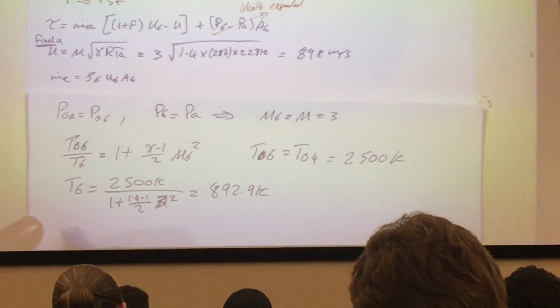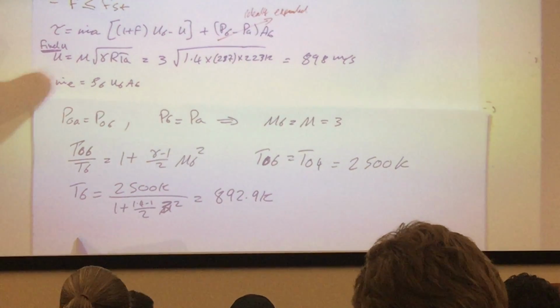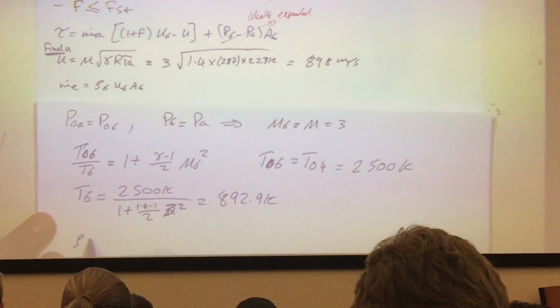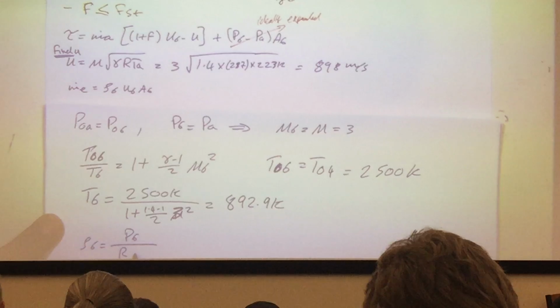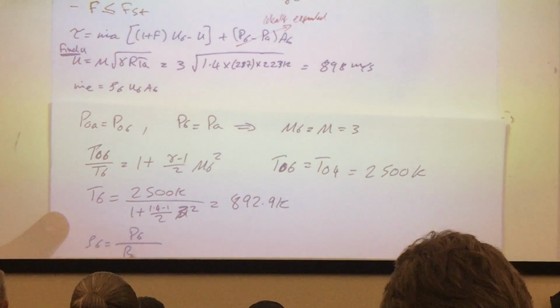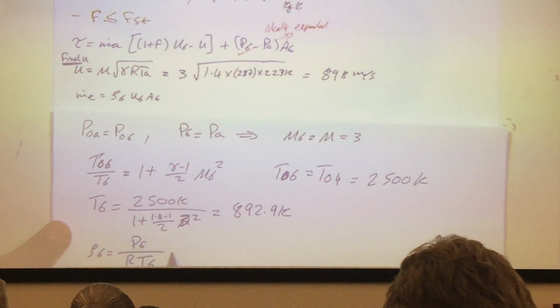I could use this temperature to find out my density if I'm trying to find the mass. Well, density 6 is equal to P6 divided by the real mass gas constant multiplied by T6.